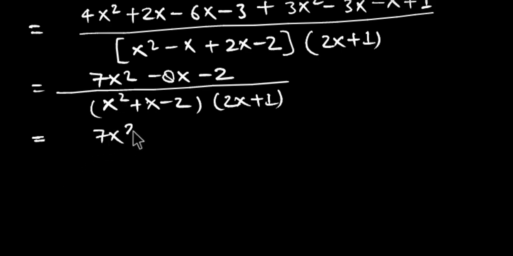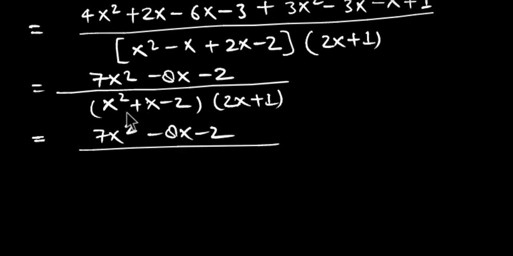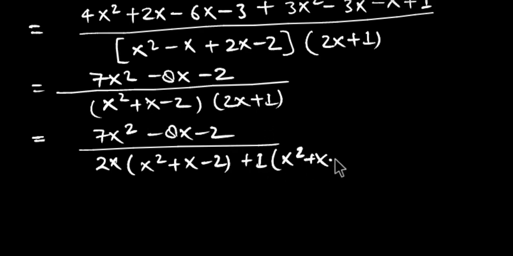So now 7x square minus 8x minus 2 divided by, again, this polynomial multiplied with this. So first we multiply 2x with this polynomial x square plus x minus 2, and then plus 1 also multiplied with this polynomial x square plus x minus 2.